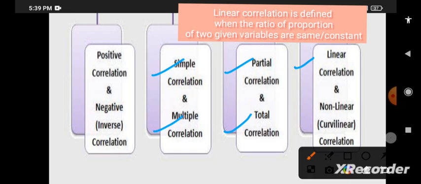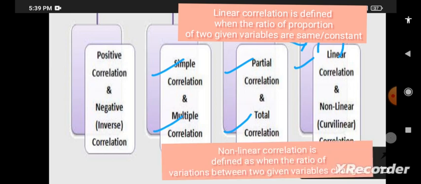If the ratio of change between the two variables x and y is uniform, that is the same, then it will be called linear correlation. Whereas if the change in one variable is not constant to the ratio of the amount of change in the other variable, it is known as non-linear correlation or curvilinear.